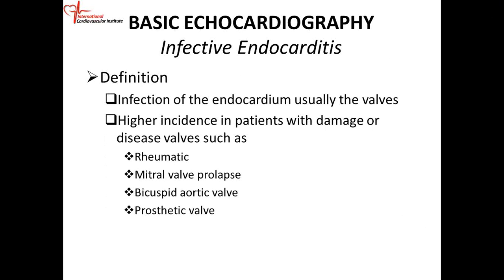So what we're talking about is if you have a septal defect, ventricular septal defect, ostium primum defect, or other complex congenital disease, because the flow pattern in the heart is going to be abnormal, and if an infective organism goes to the heart, then you get a nidus of infection which can grow.